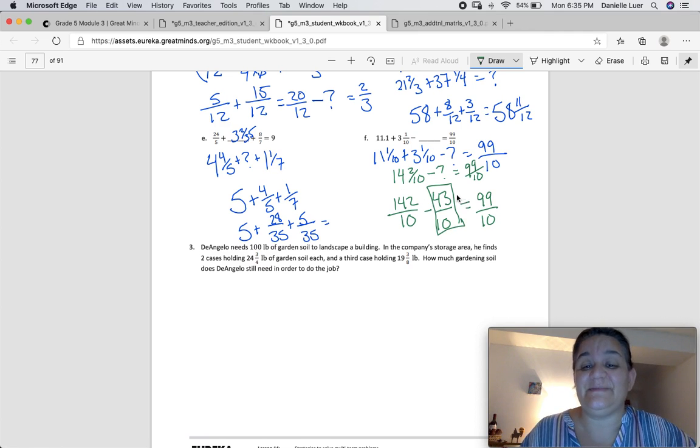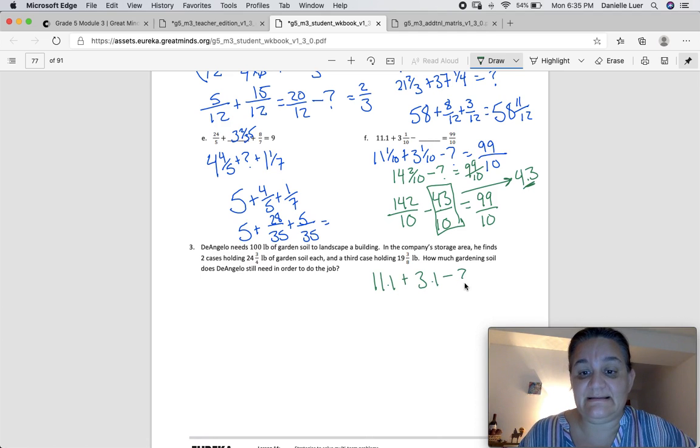Now let's do this in decimals. If you can turn this into a decimal, you know that that's 4.3. So if we use decimals to solve this problem, we're looking for that answer to see if it's the same. Okay, 11.1 plus 3.1 minus something equals 9.9. So 14.2 minus what equals 9.9?